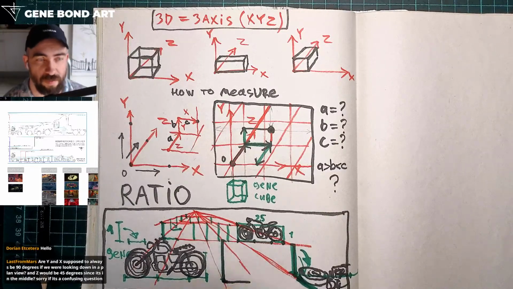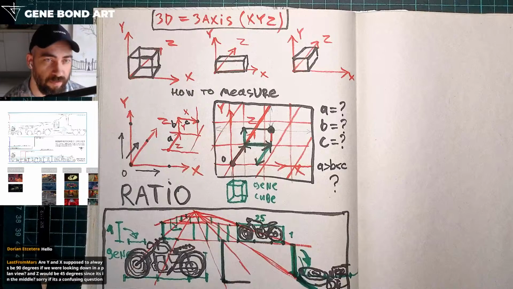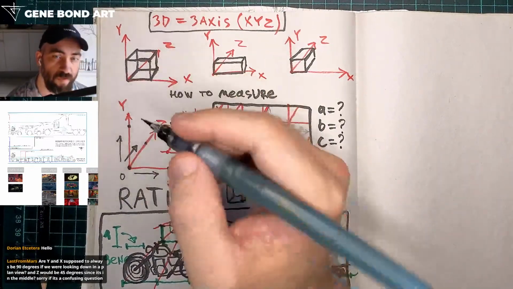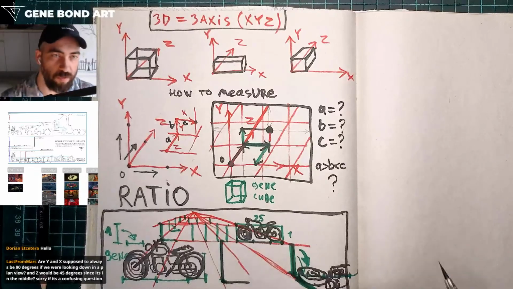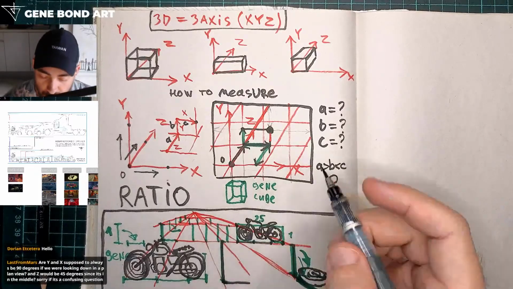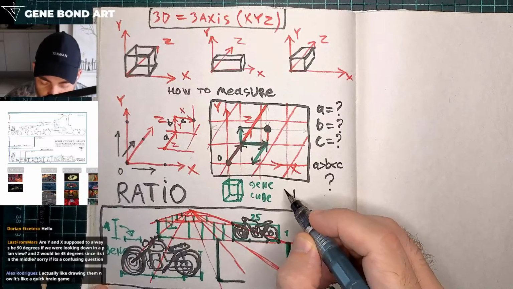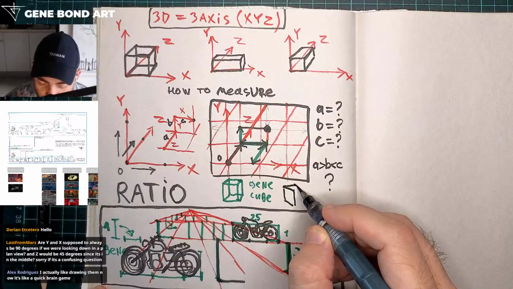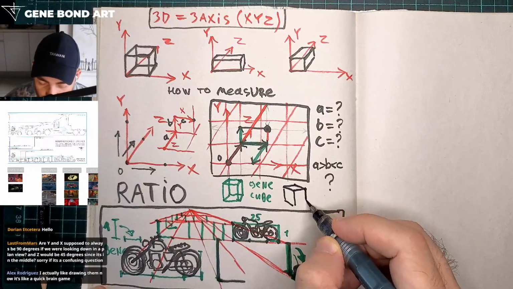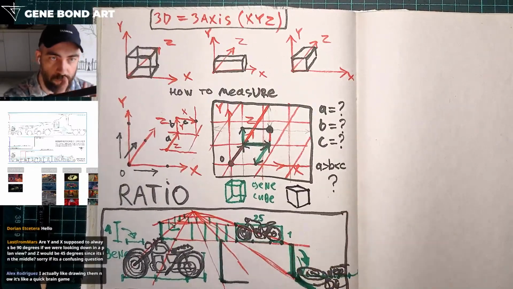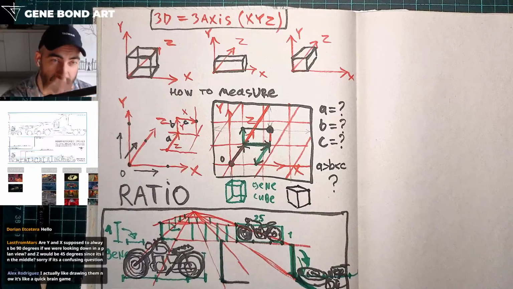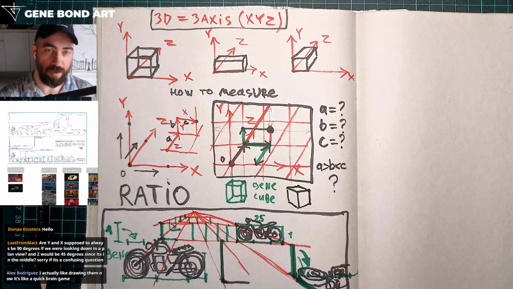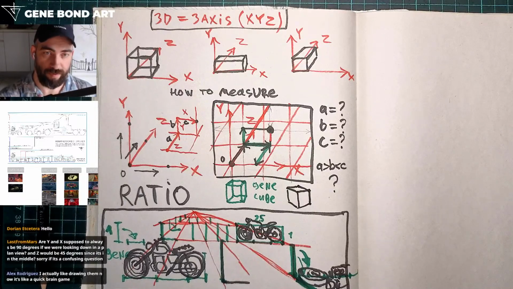You can very easily develop this sense of a cube in perspective. And more than that, it's not just a cube in perspective. You can even see what type of angle, how this cube is rotated according to the viewer or camera, you know. So it's a very important, very helpful skill.